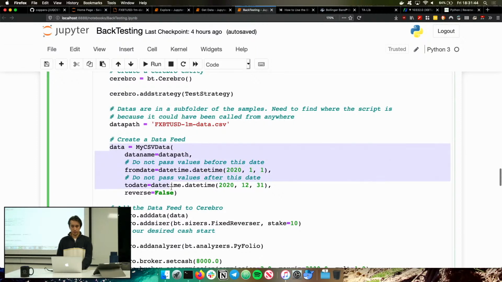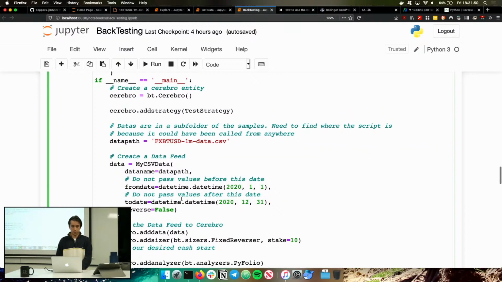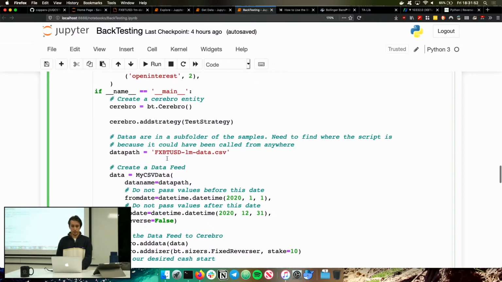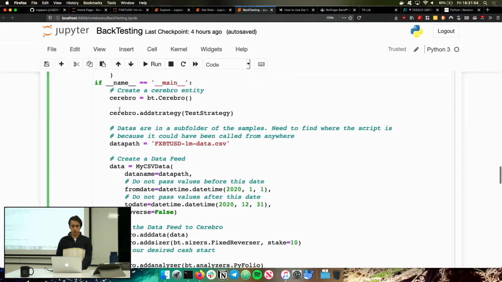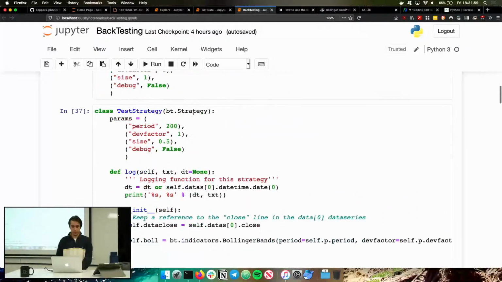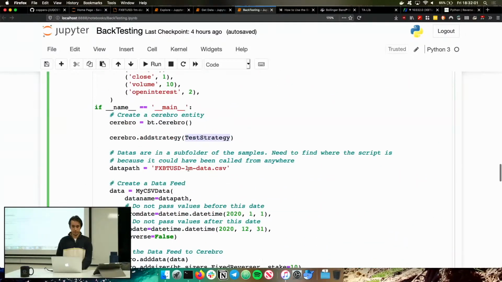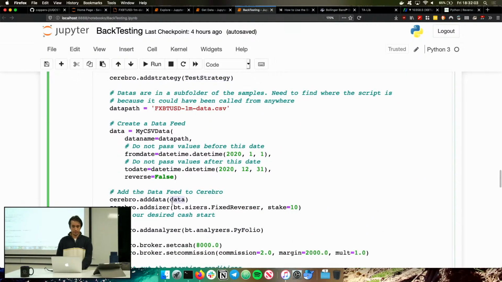Here we create a data feed just from the CSV data. We say use everything that we've got in 2020 by setting the start date time and the end date time, data path, which is just this one. After adding the strategy, this one, into Cerebro, we then go and add the data.